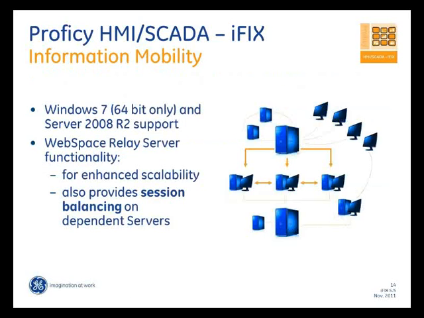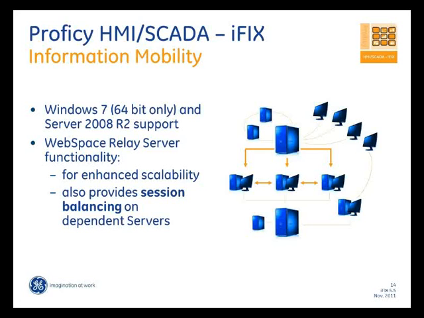The other is support for a relay server, or you can say a proxy server, that allows you to scale the number of clients and also have all these clients ping just one URL. So if you have a large number of clients, if you want to run 100 WebSpace clients for the same application of iFIX that's running in your plant, you can have a proxy server that looks at either individual dependent servers, or they could be VM images of dependent servers that now connect into this WebSpace relay server.